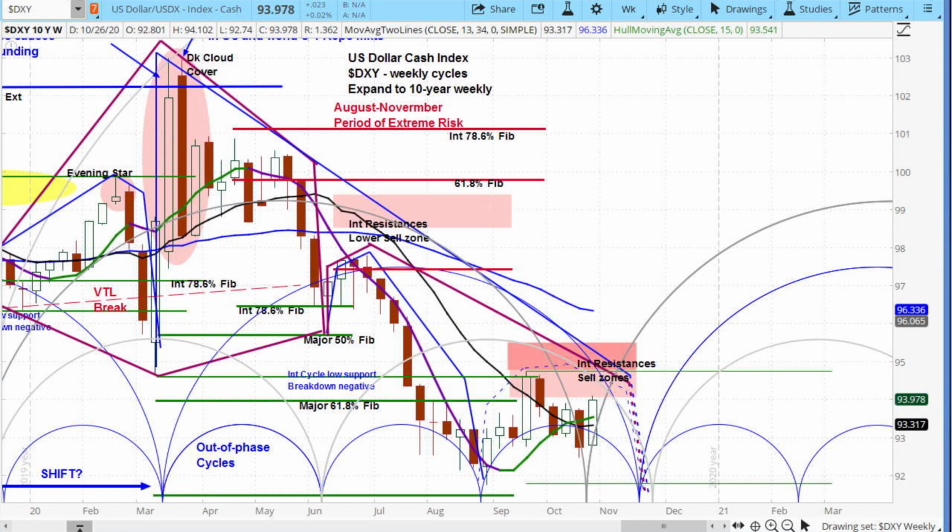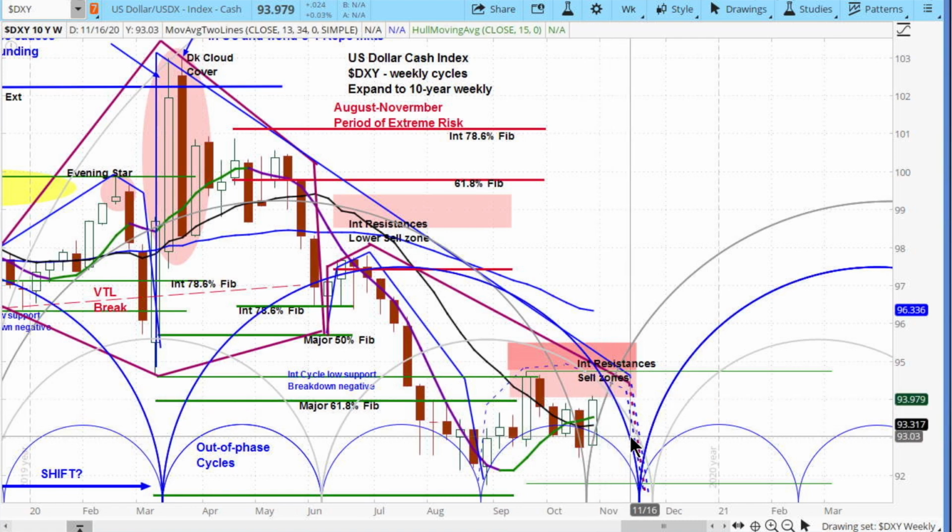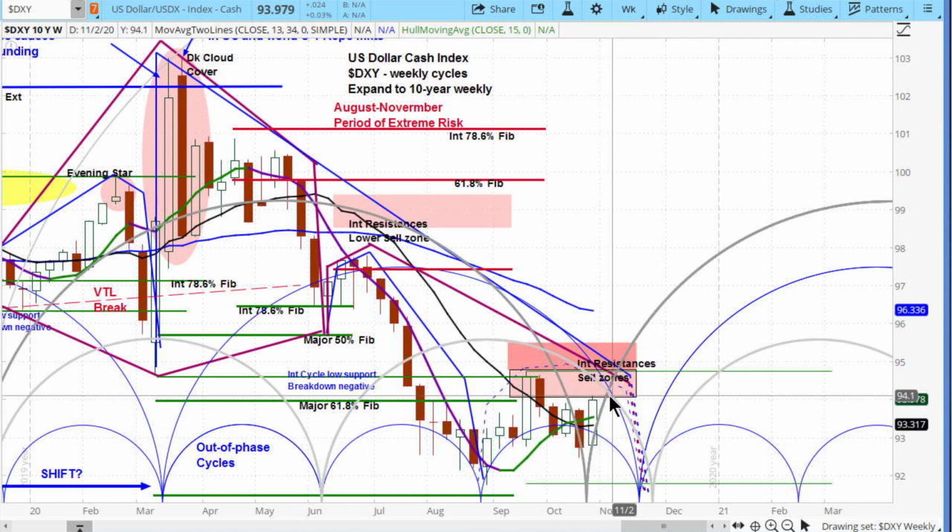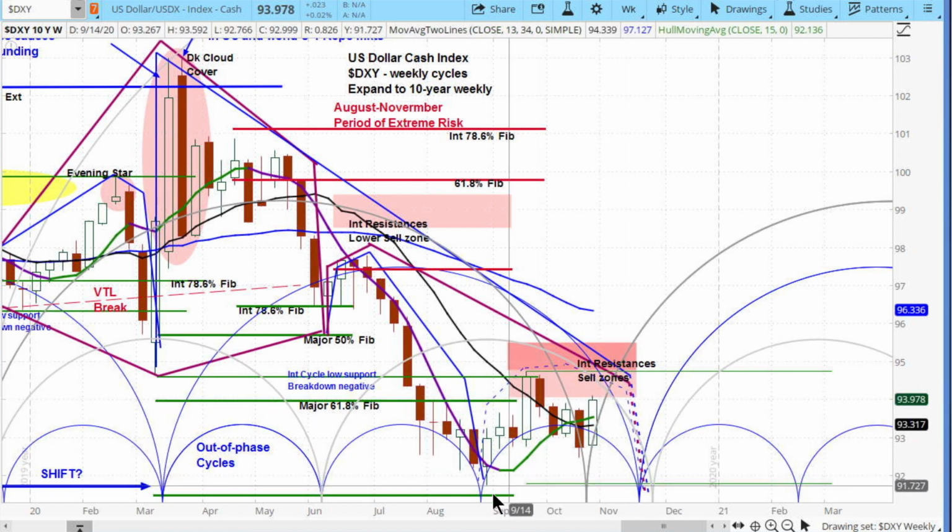Now, if President Trump wins again, I think the safety bid goes away, because the stock market will have, in our opinion, a brief upward move, and I'll show you that in a moment. So that would send this back down pretty significantly, and I think you'd break under this 9170 area under that condition, sub 92.